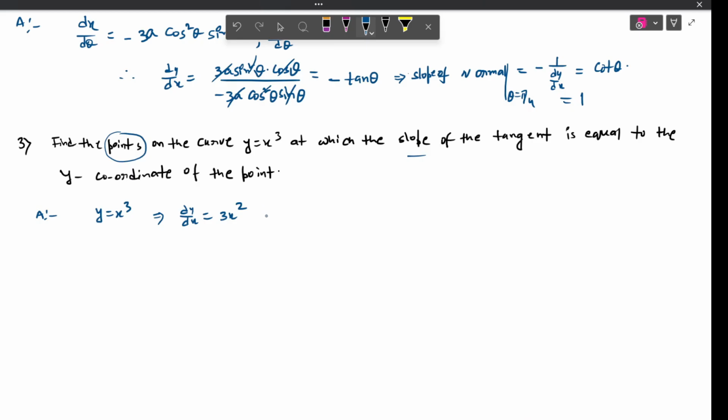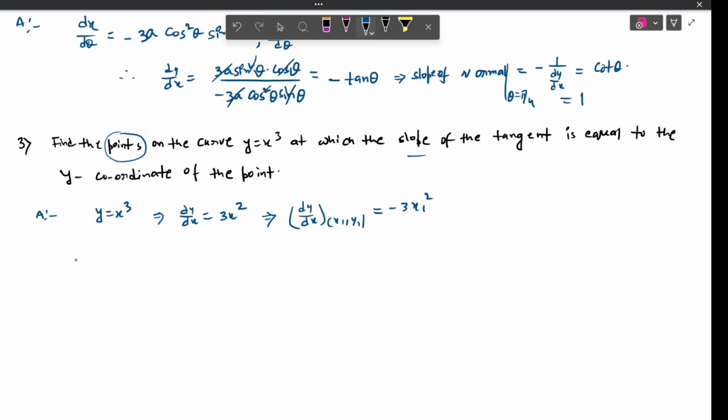Sorry. Let us say that the point is x1, y1. So dy by dx at x1, y1 would be 3x1 square.